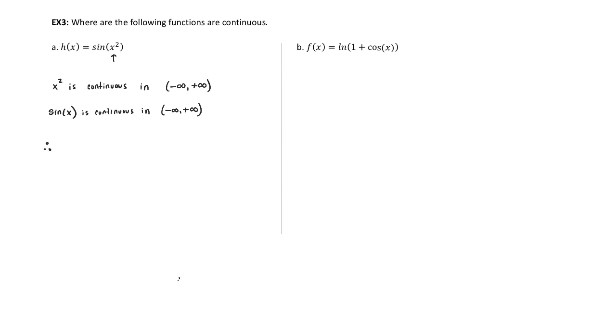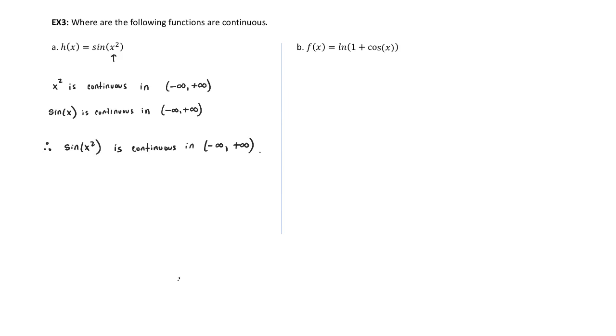Therefore, we know that sine of x squared, which is h of x, is going to be continuous also in negative infinity to positive infinity. So that's how easy you can argue continuity of composite functions.